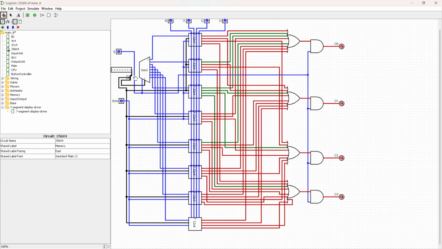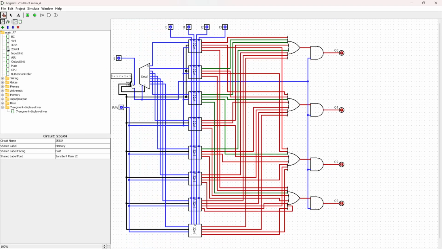There's a memory which saves 8 bits, and the first 3 bits, or the most significant bits, will be going to the decoder, and the rest will go into the 32 blocks, like 32 times 4 blocks.